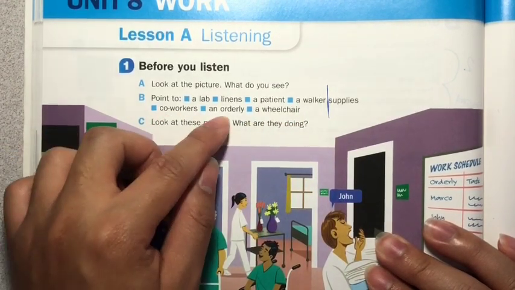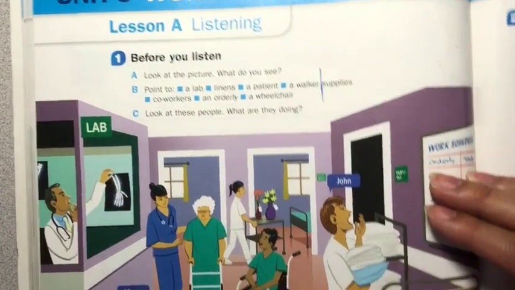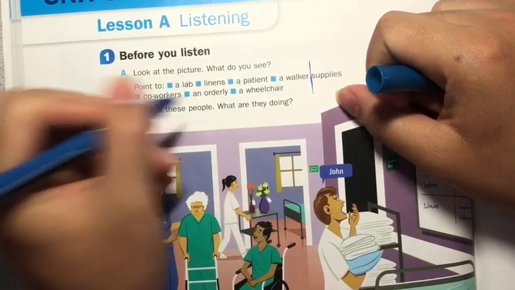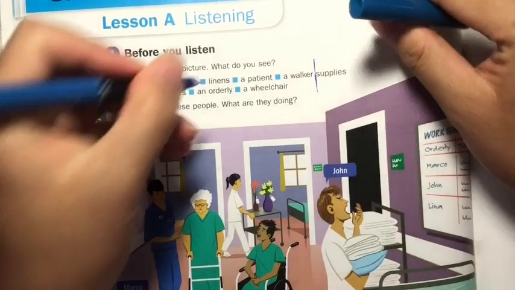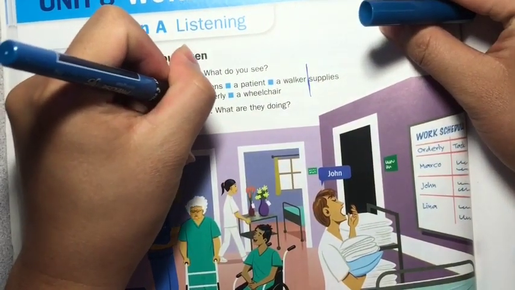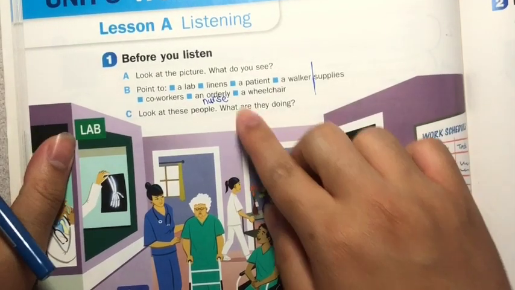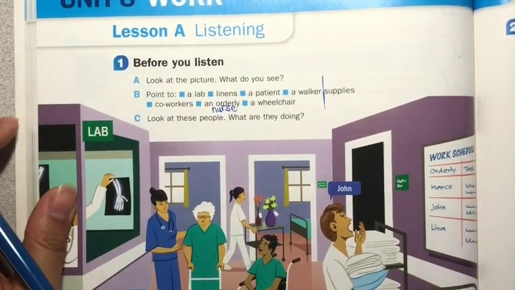Co-workers, an orderly, a wheelchair. All right, so we're not going to use this word. Nobody uses that word. An orderly is just like a nurse. I never use this word. I don't even know this word, honestly. Okay, so let's just say nurse.